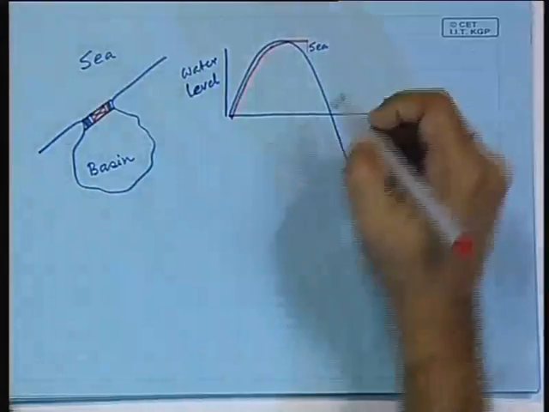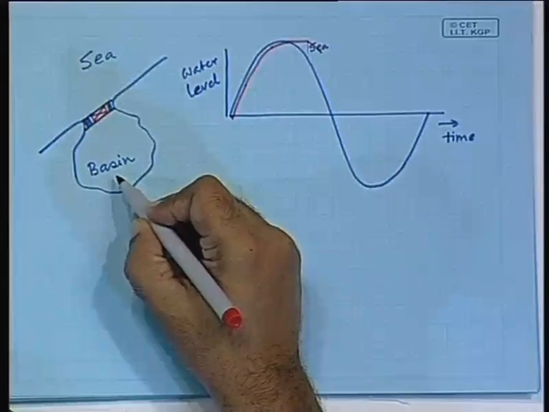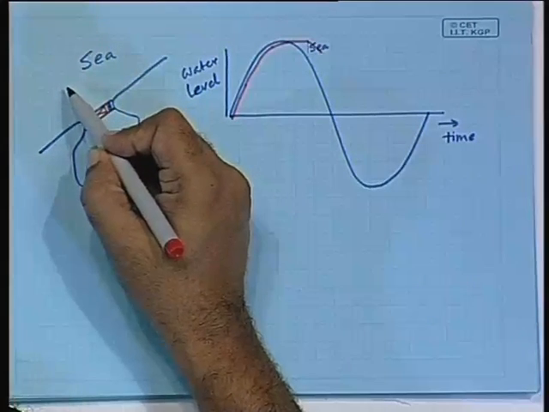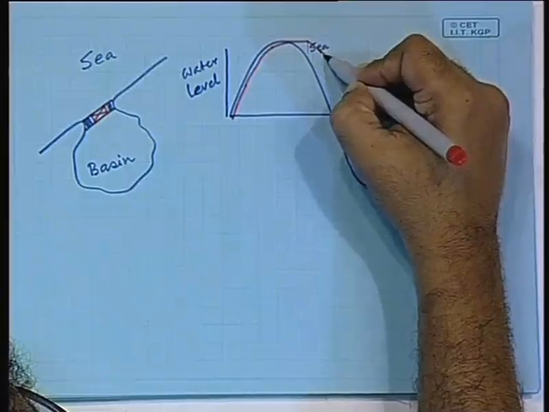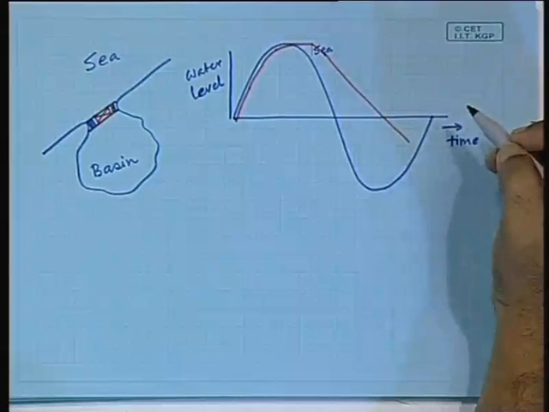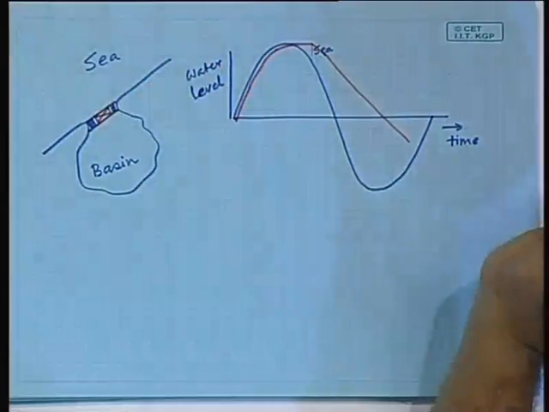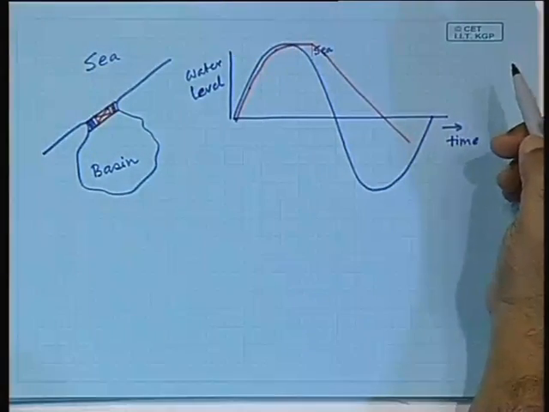At that time you allow the water to pass through the turbine, which means the level in the basin will also decrease, and the sea water level is also decreasing. So, they follow each other, but with a difference, because in order to produce electricity you have to have a certain head. It is not like opening a sluice gate. So, you have something like this. All right. Why is this falling? Because water is emptying through the turbine, and this is falling because of the natural tidal variation.